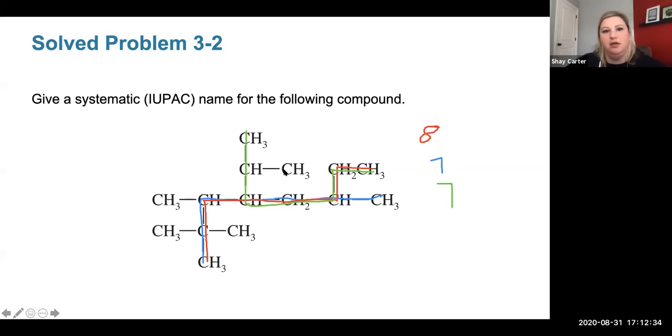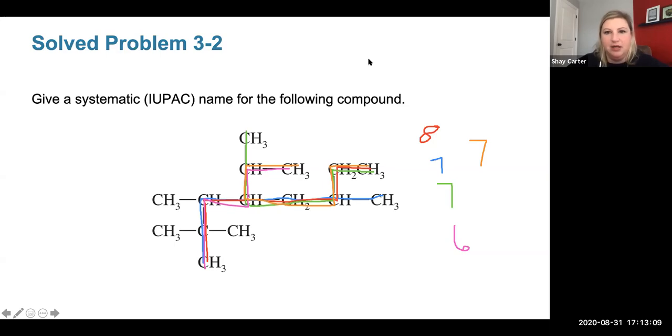We could draw 1, 2, 3, 4, 5, 6. That's only 6. That's not the longest. 1, 2, 3, 4, 5, 6, 7. I don't think I can get anything longer than 8. I think 8 is going to be our longest. Okay. So 8 is the red.